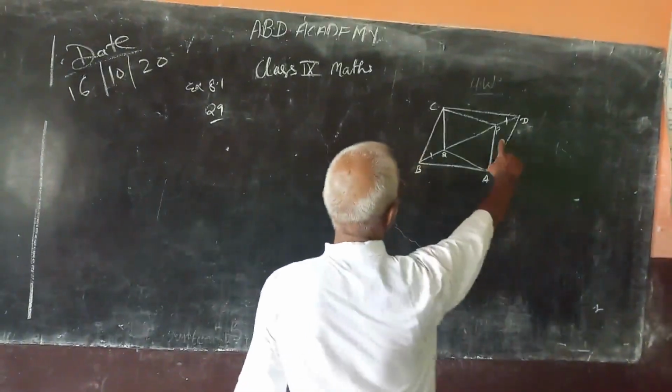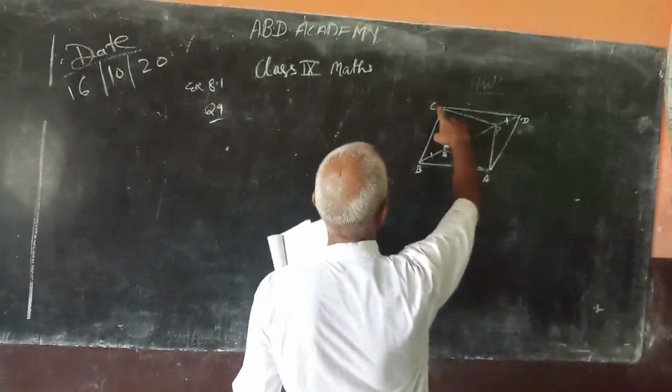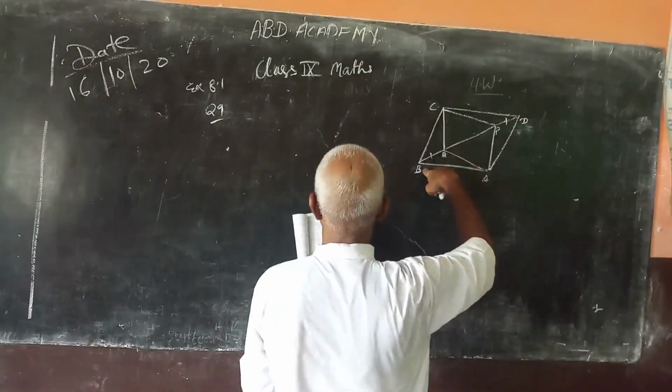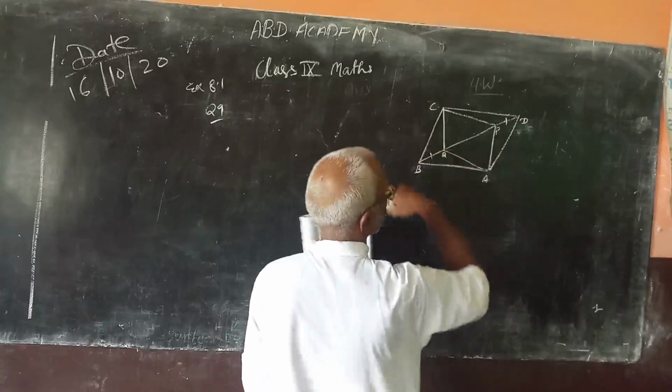This triangle APD is congruent to triangle CQB, this one.